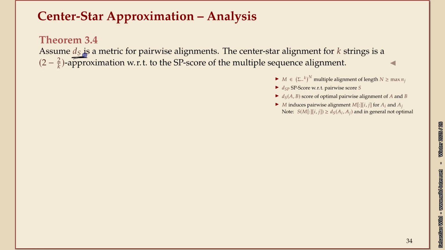And I'm sure you're all eagerly working on the next assignment, where you'll show that unless you do stupid things, global alignment distances tend to be metrics. So this is not a strong requirement. All the sensible ones fulfill this. In particular, edit distance is a valid metric.